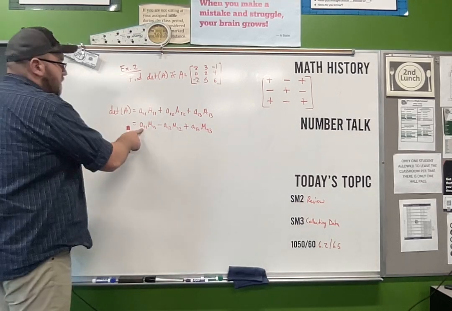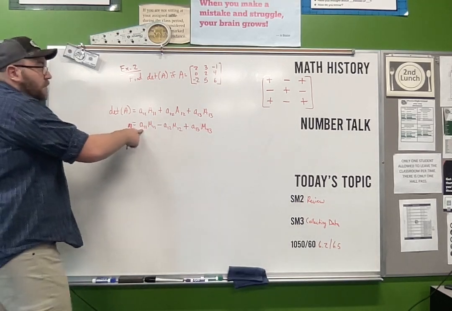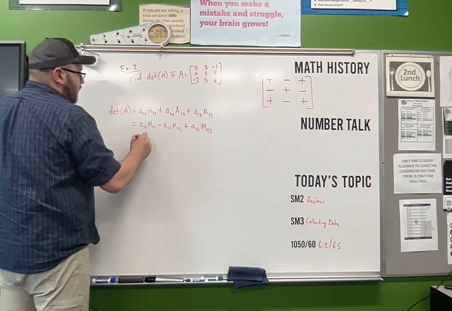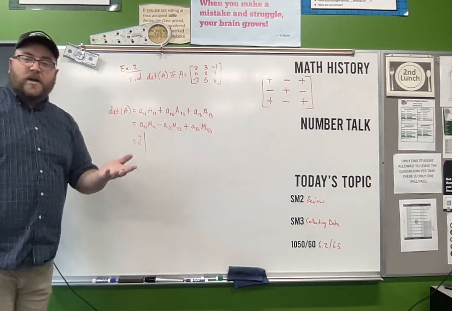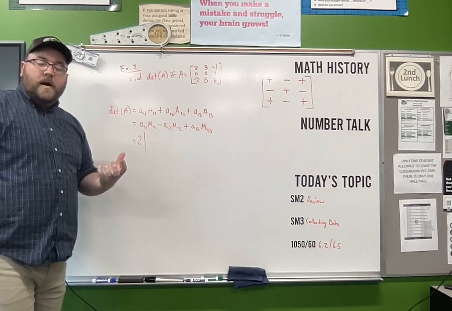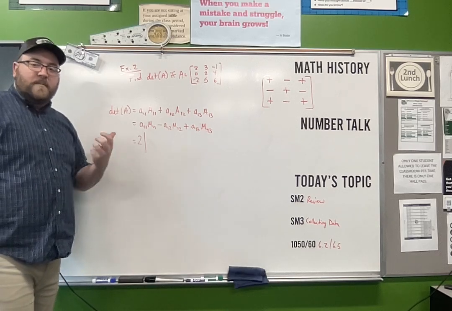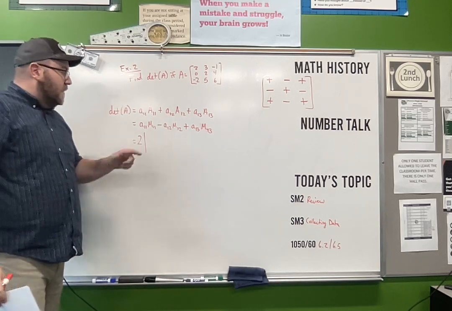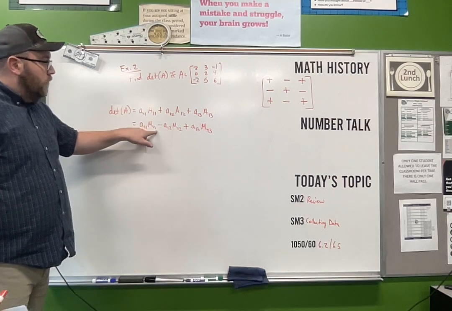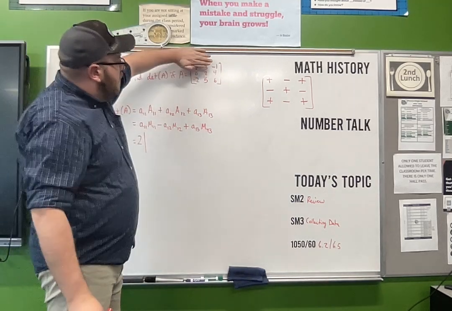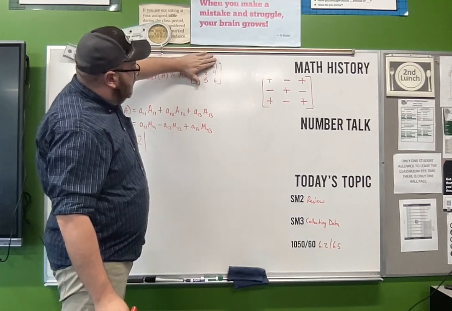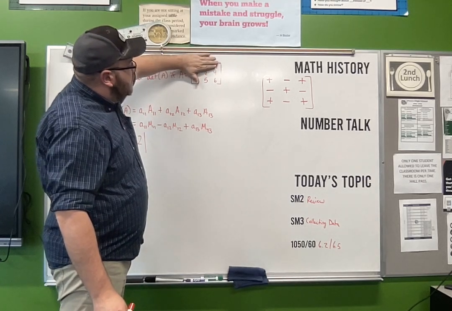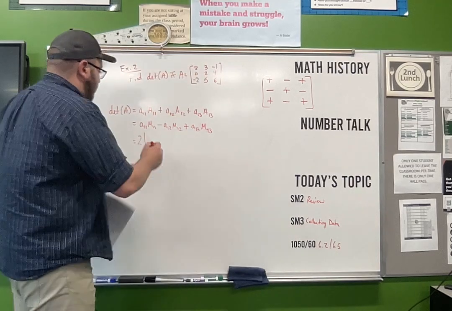So let's look at the entry a11. That's a 2. So we have 2 times the minor 1,1. If you look back at your definition of minor, to find the minor, it's the determinant of the matrix that's created by deleting row 1, column 1. So if I delete row 1 and column 1, we're left with 2, 5, 4, 6.